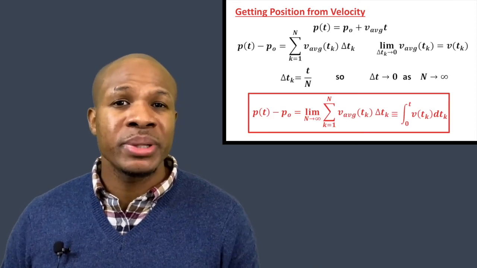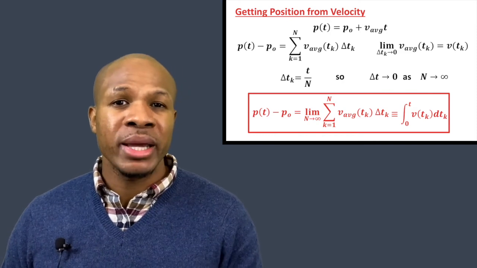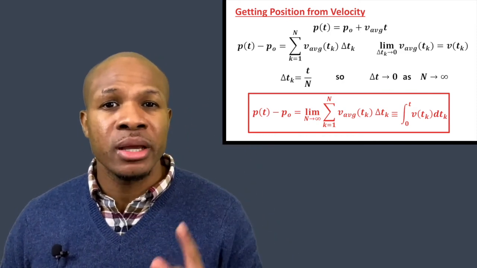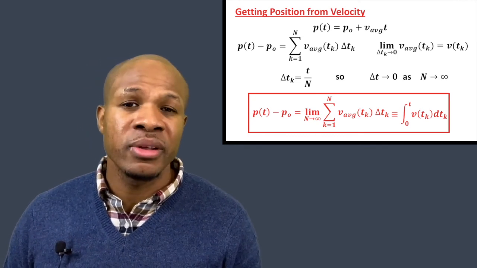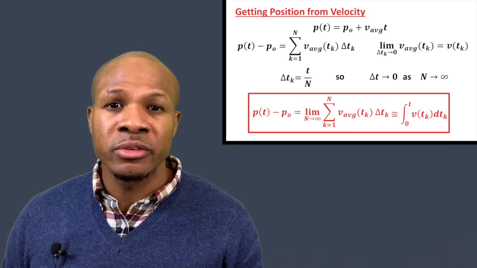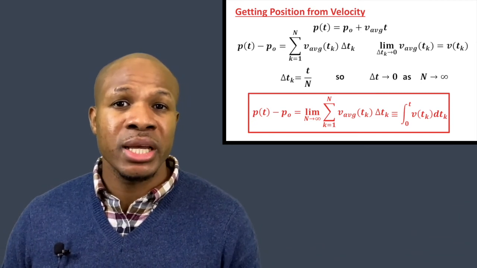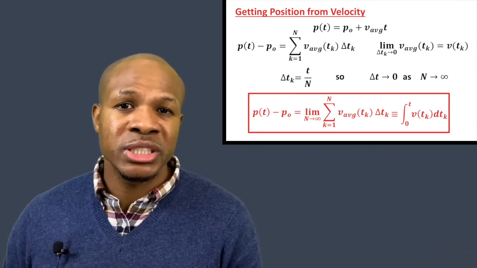When we set the limit as n goes to infinity, this becomes an integral, which we write as an elongated s. So it's the integral from initial time t0 to some later time t of the velocity times dt, the duration of the intervals. And this integral is going to give us the change in our position function from some position p0 to some position p of t.